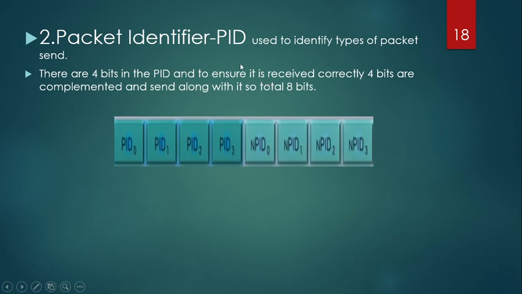To ensure that it is correctly received, the 4 bits are complemented and sent along with it, so in total we get 8 bits.